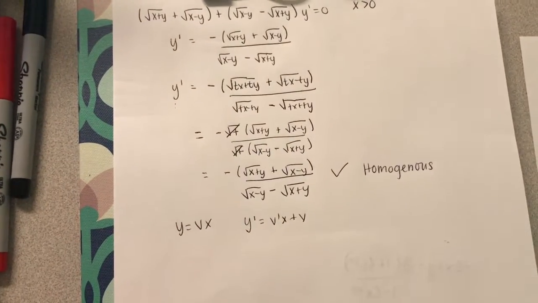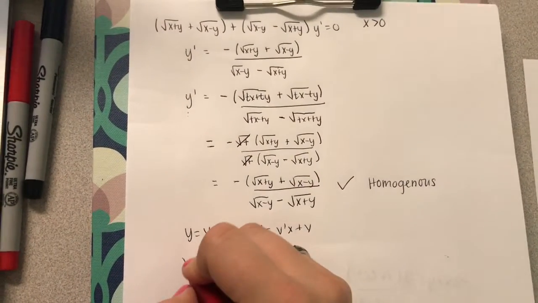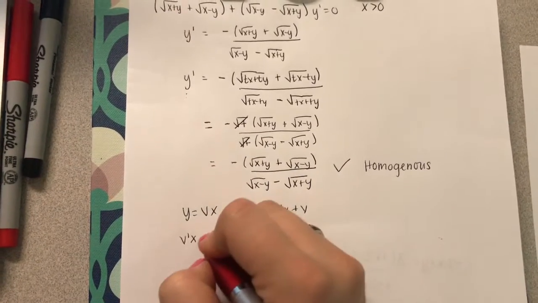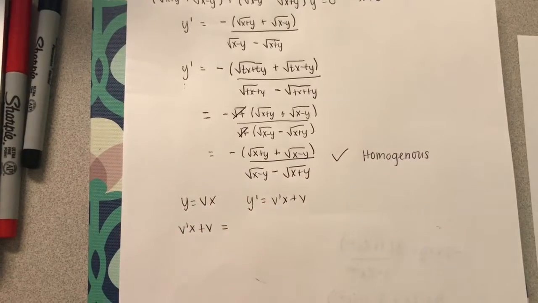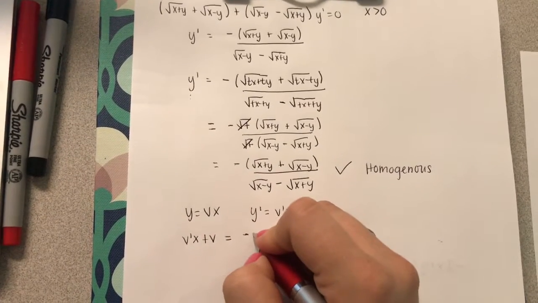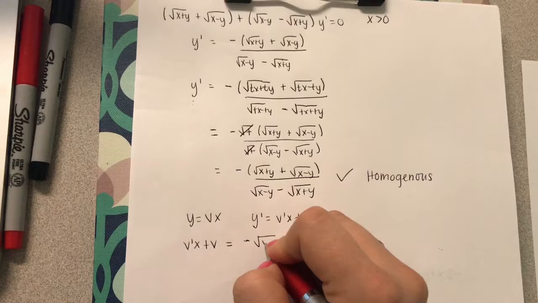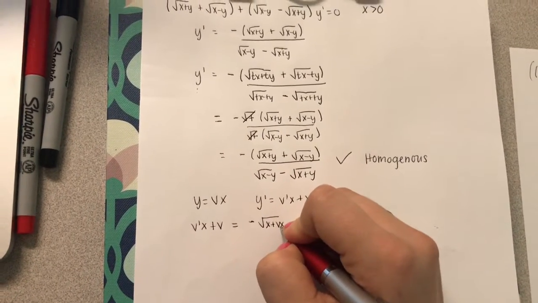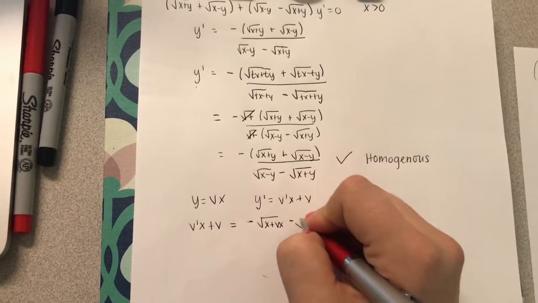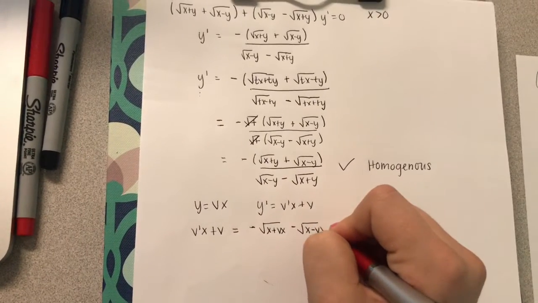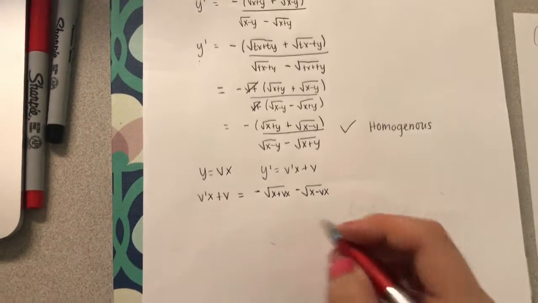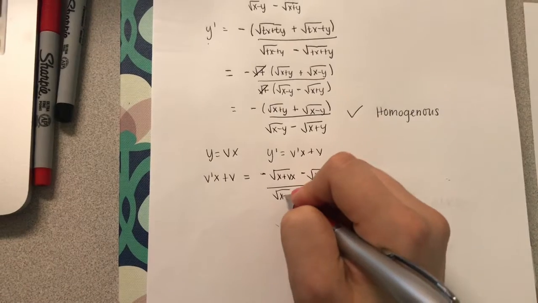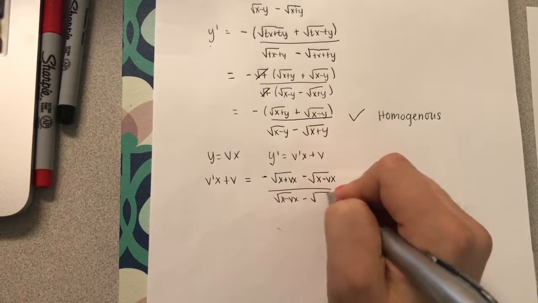So on the left, I get v prime x plus v equals negative square root of x plus, I'm going to plug in vx for y, and I'm going to go ahead and distribute that negative, so I'm going to get minus square root of x minus vx, again substituting that vx in for y, divided by the square root of x minus vx minus square root of x plus vx.